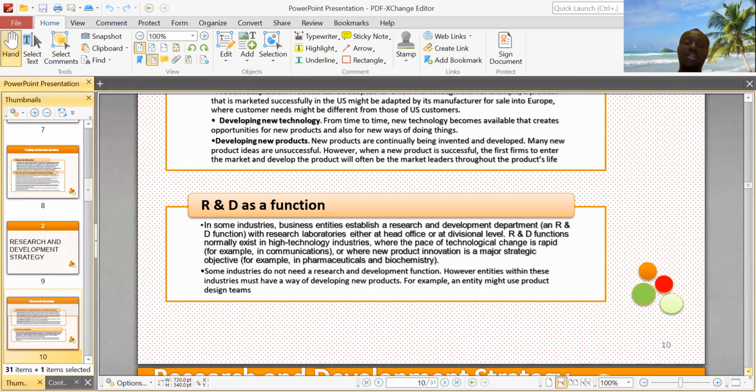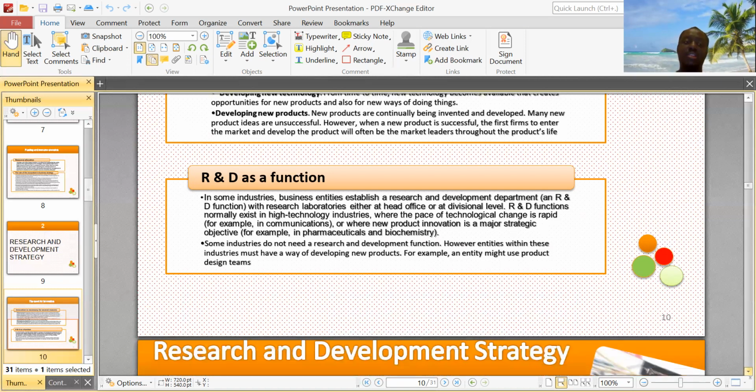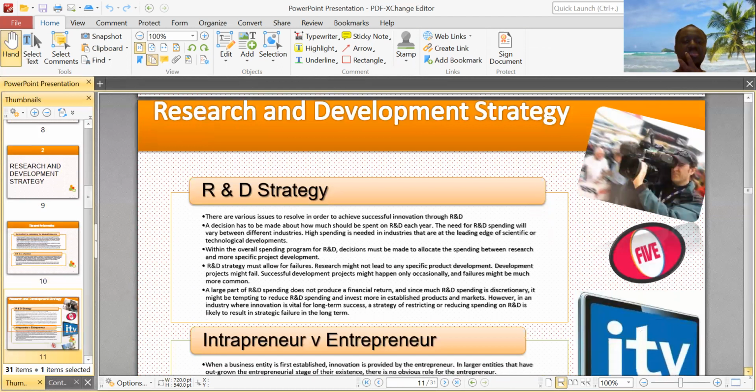So in areas like pharmaceuticals, you usually see the research and development function. Some industries do not need a research and development function. However, entities within these industries would have a way of developing new products. They might have their own product design teams in that case.